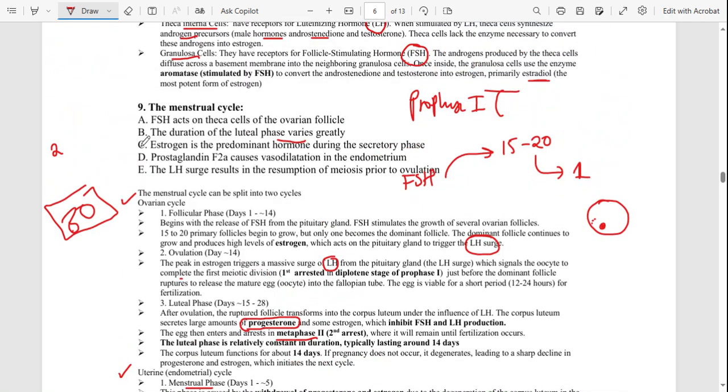So for option C, it says estrogen is the predominant hormone during the secretory phase. Is that true or not? What do we feel about that option?